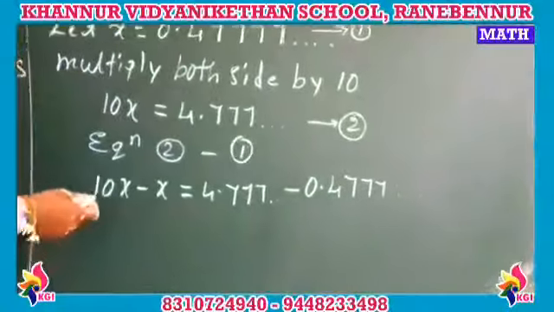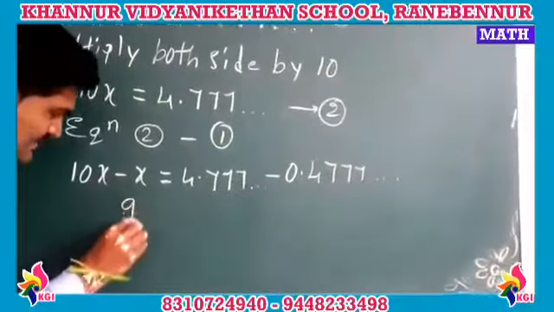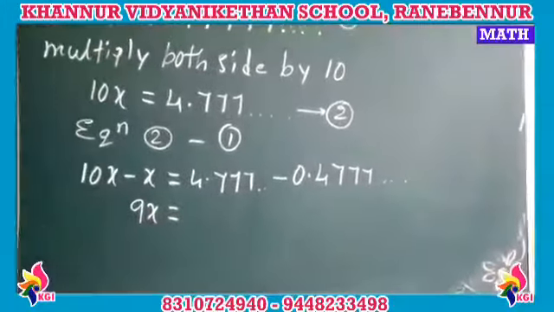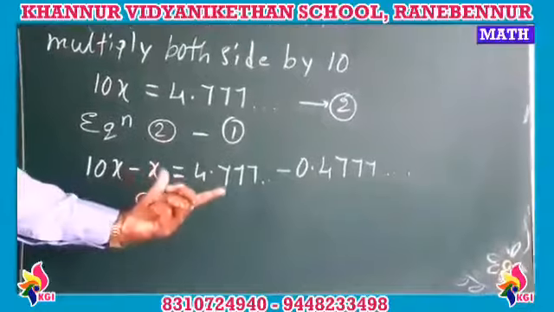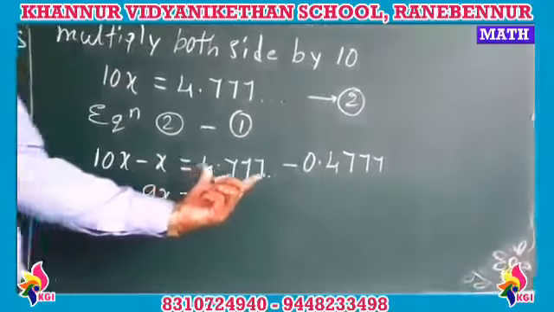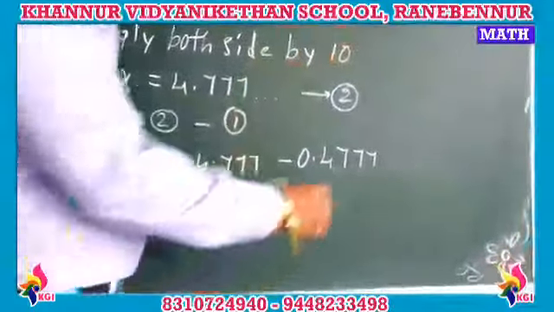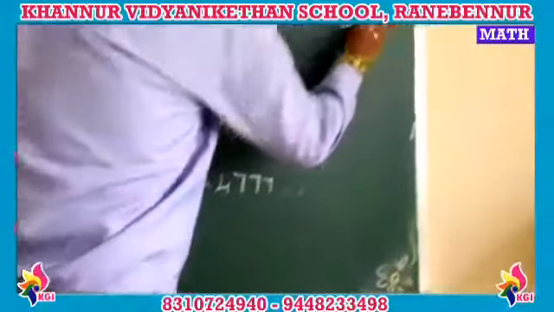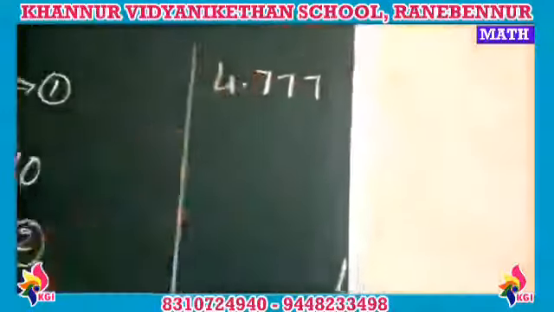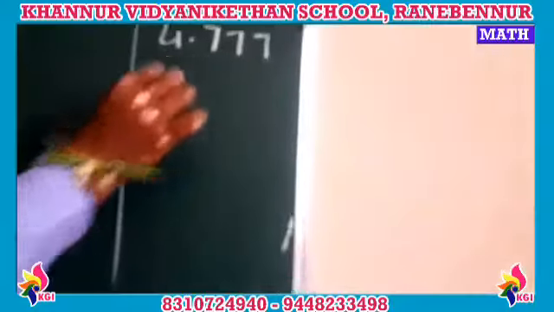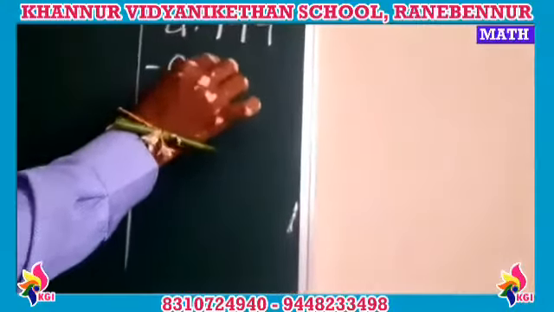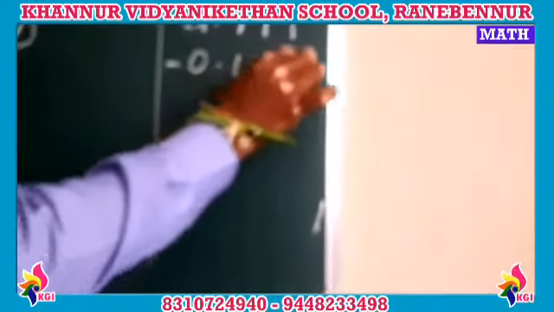So then next, see children, 10x minus x, that is 9x. Now carefully you have to subtract, children. Check it out. I am going to do it in a working column. 4.777 minus 0.477.